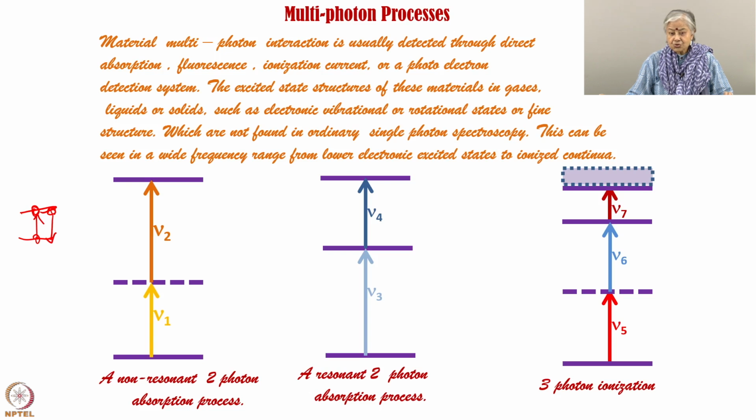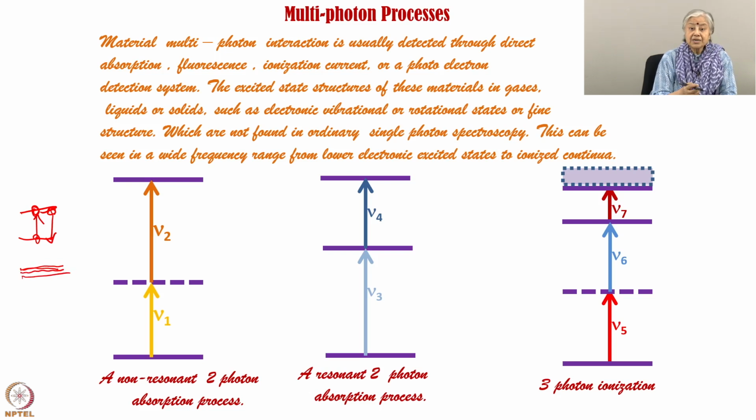You can do direct absorption, but still you may not see certain energy levels which may be hidden within one. There can be fine structures here. You may think of it as one upper level, but actually there are finer structures, and you might miss out on those.